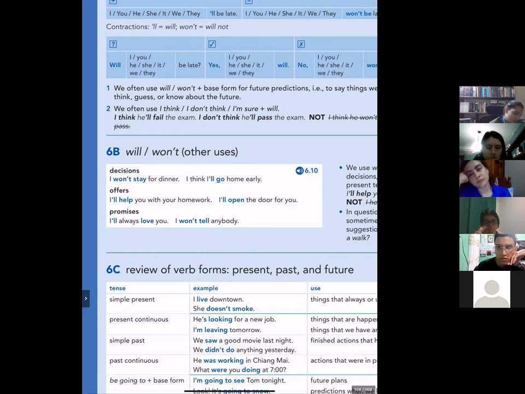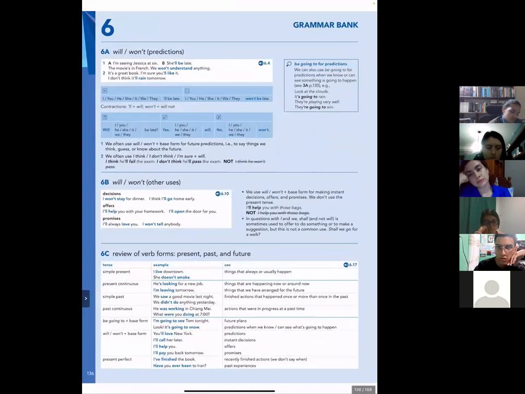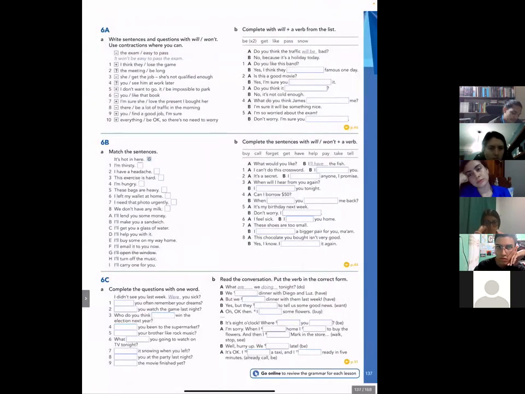So let's go and have some practice over here. If you turn the page to 137, we have 6A and 6B. I'm going to give you some time to work on that, and so we can actually go ahead and check it together.